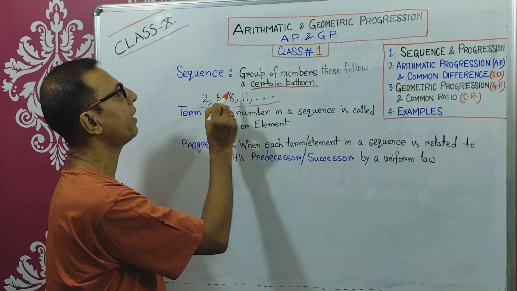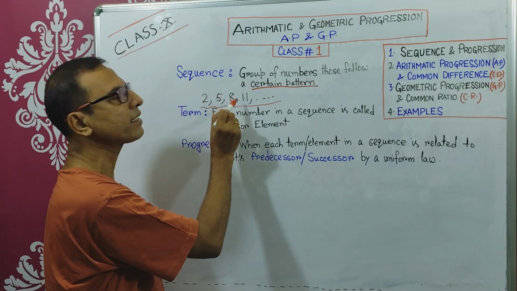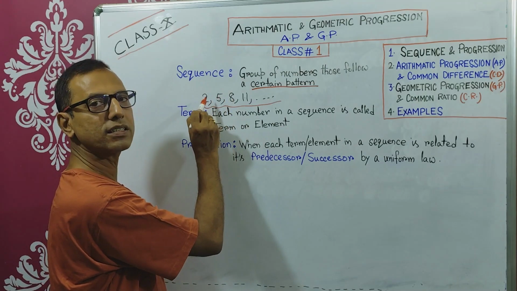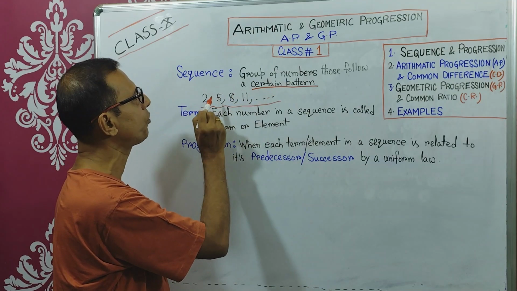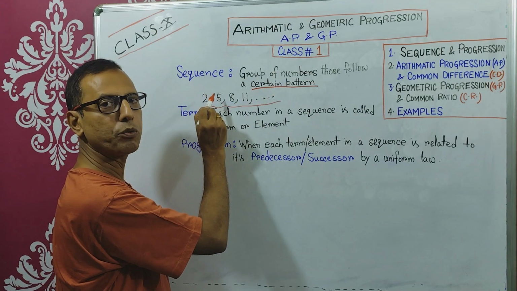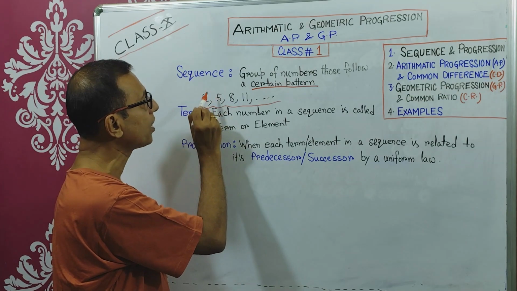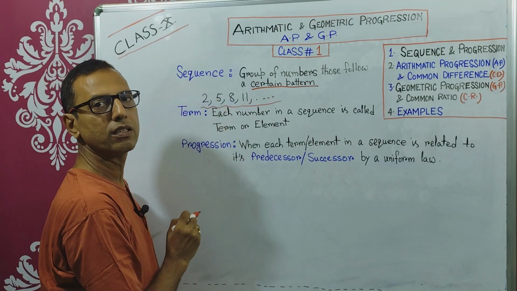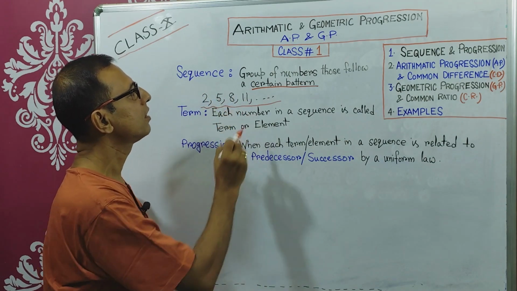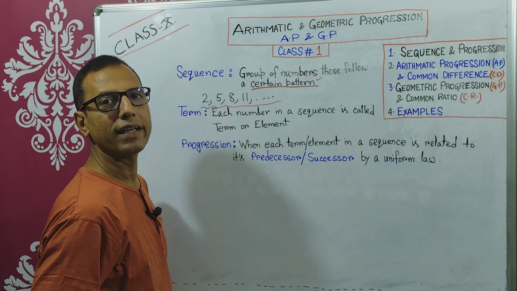The difference between the fourth term and the third term is 3. In all cases the numbers are increasing gradually, and the difference between each consecutive term, consecutive meaning immediately after that term, is 3. So this is maintaining a certain pattern. So this is an example of sequence.